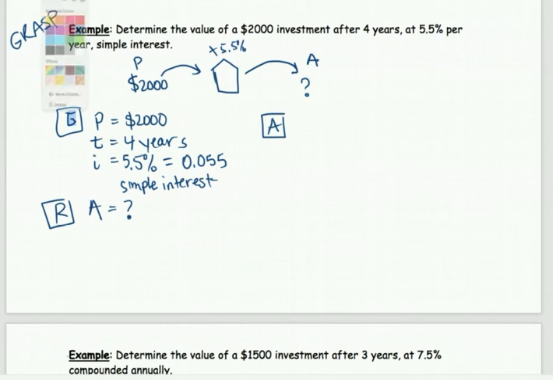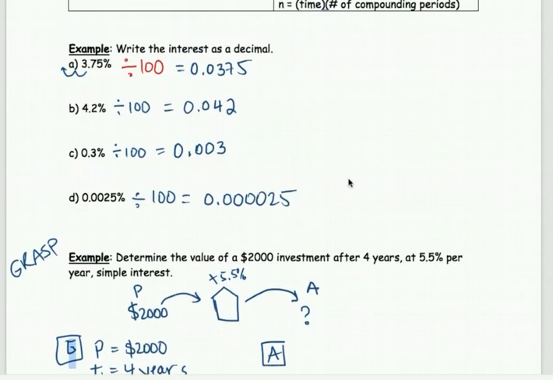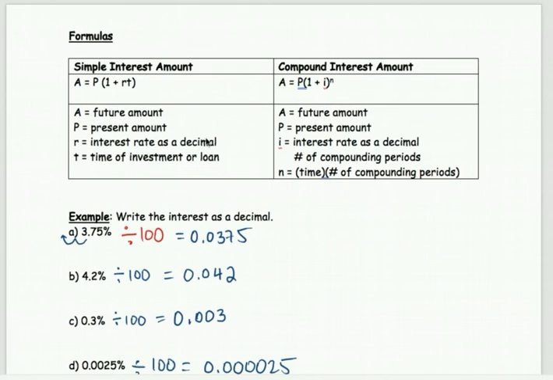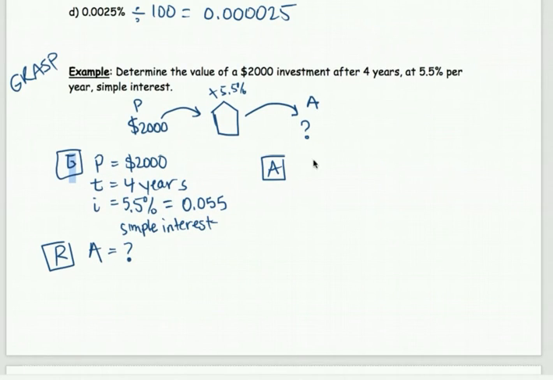We can think of what equation we can use. Up here we have A equals P bracket 1 plus RT. This is the simple interest formula. We're going to plug everything in and calculate A.